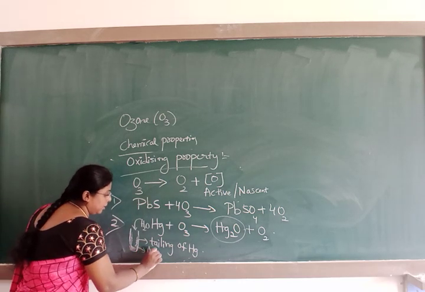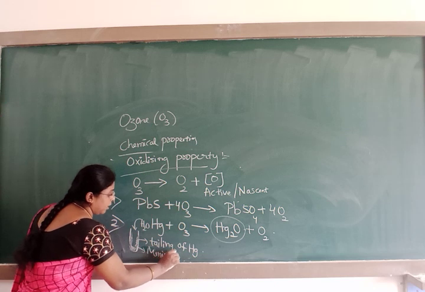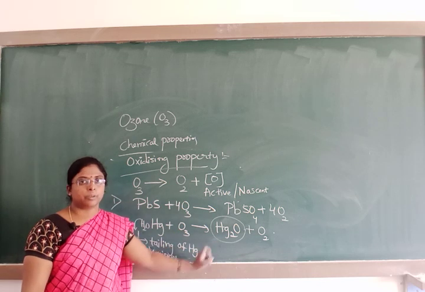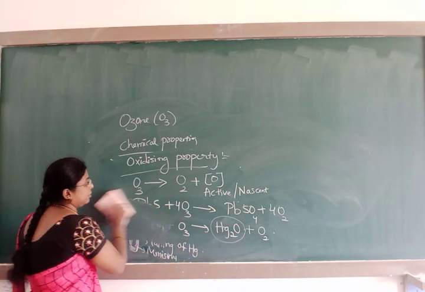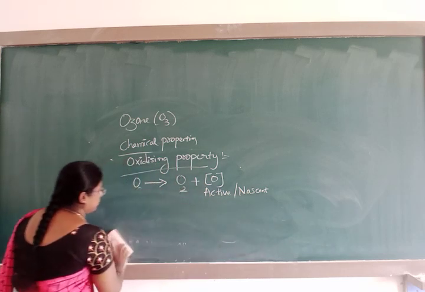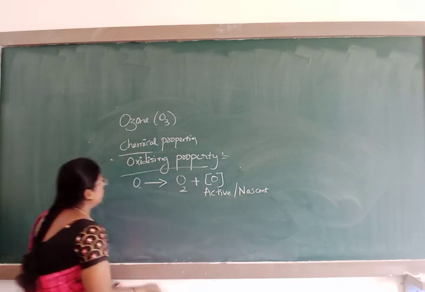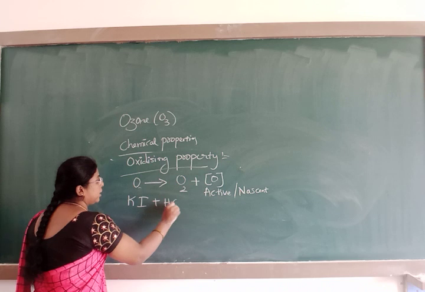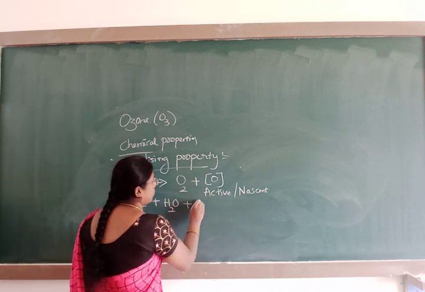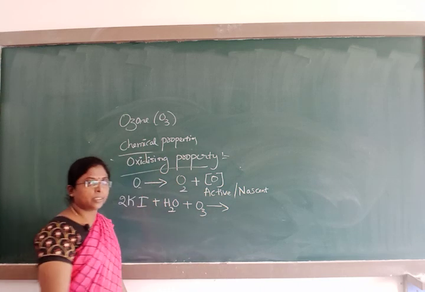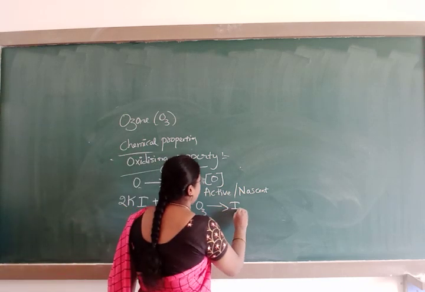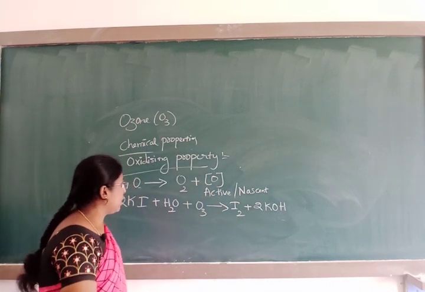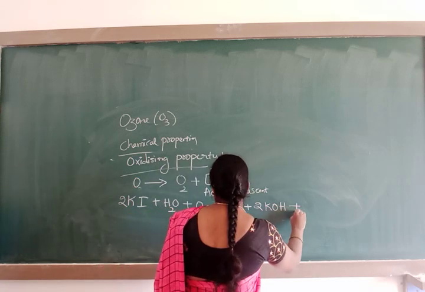Another reaction is when moist potassium iodide reacts with ozone: we get iodine I2, along with potassium hydroxide, and dioxygen is obtained.